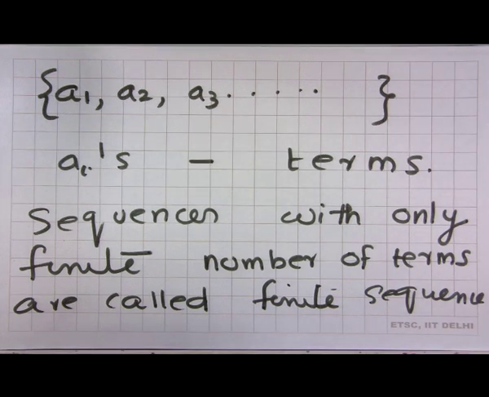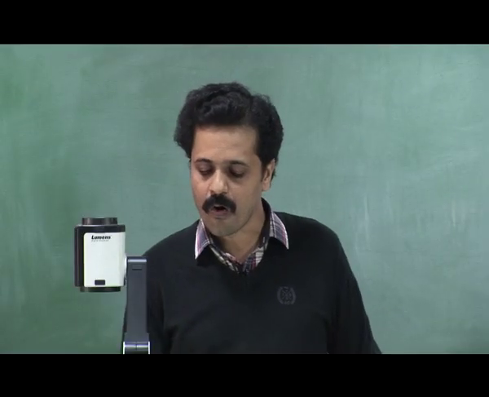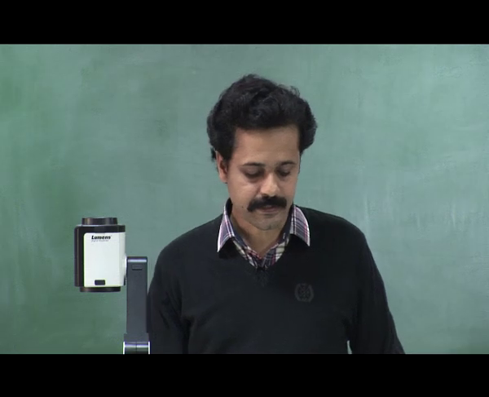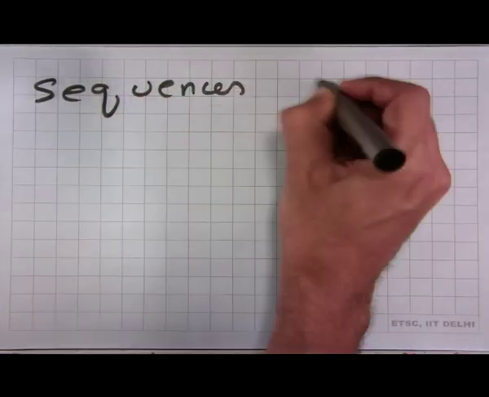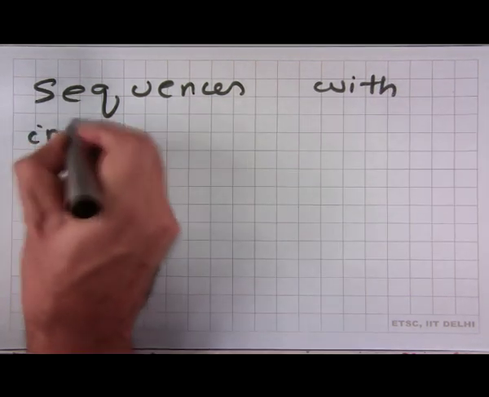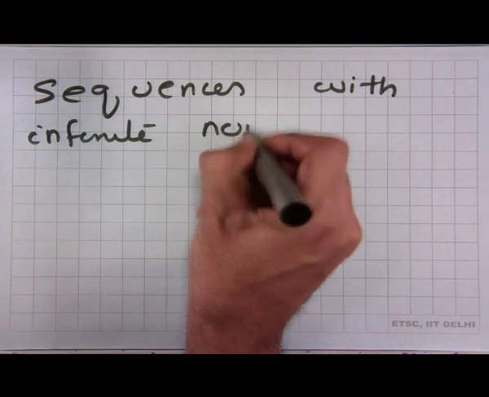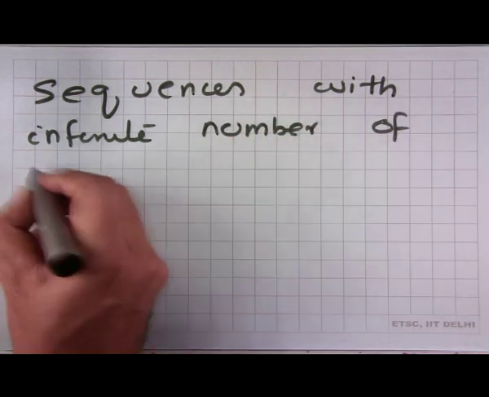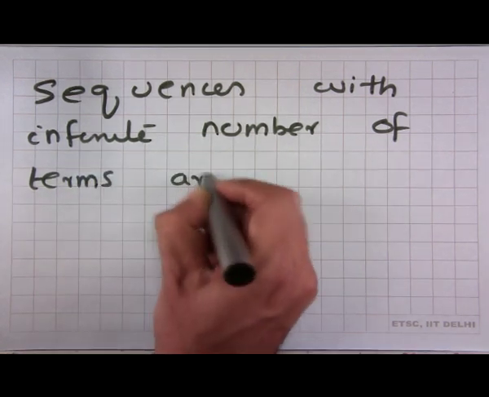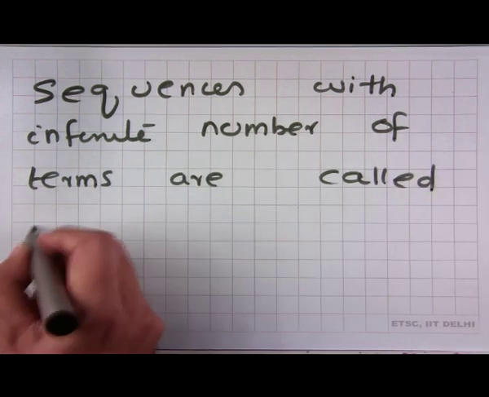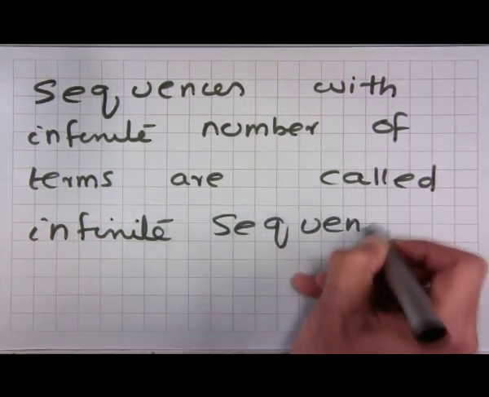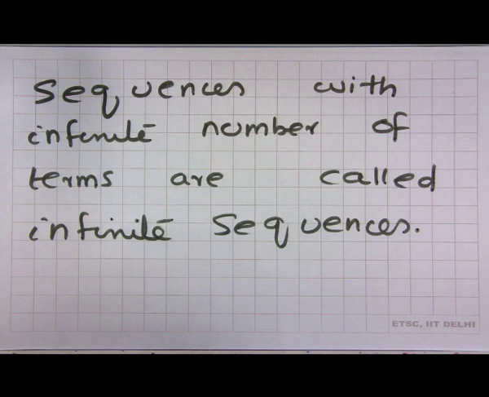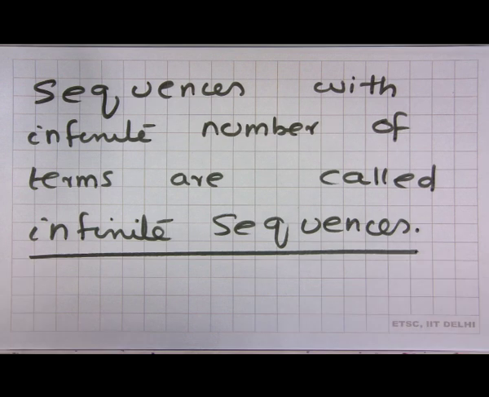A sequence such as the list of all even integers consists of an infinite number of terms, and sequences with an infinite number of terms are called infinite sequences. We will be mainly concerned with infinite sequences, that is, sequences having an infinite number of terms.